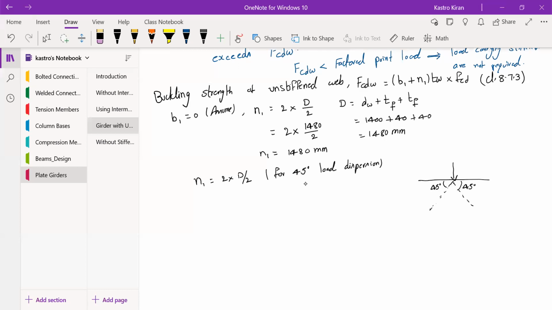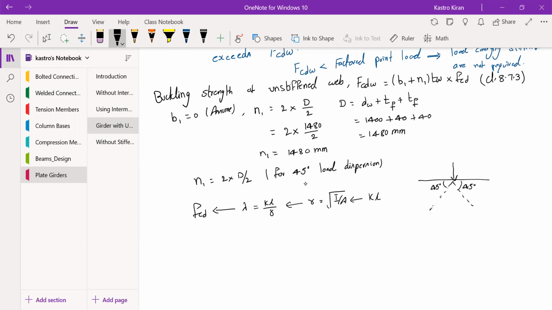So let's come in a backward way. You need to find out the FCD value. In order to find out the FCD value, you need to find out the value of lambda, that is KL by r, right? You know the formula, that is KL by r. In order to find out the value of r, you should find out the ratio, that is I by A. Then you also have to find out the value of KL.